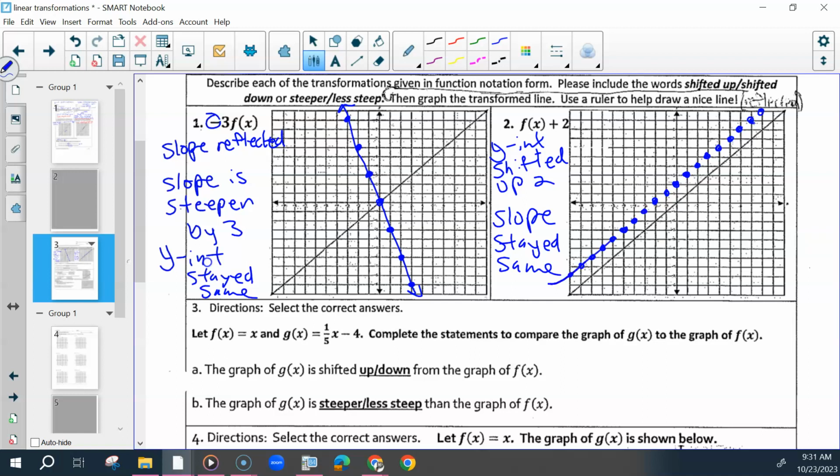Fill up your graph and then connect it with a nice line. Questions on 2?